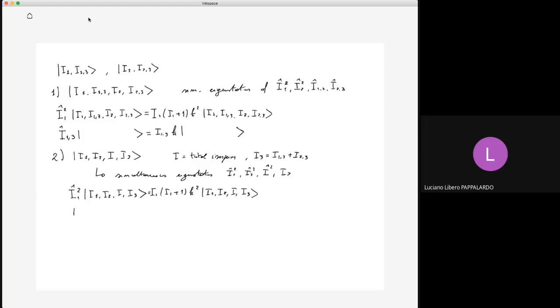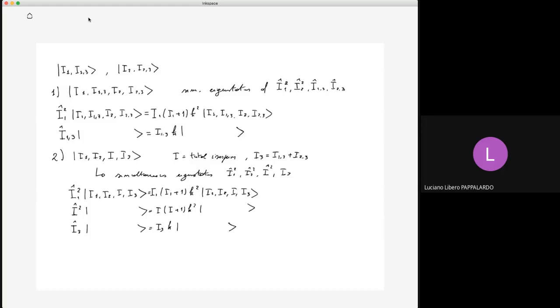Okay, let me just give you another example for the I squared. So the state is the same, so it is now I times I plus 1 h bar squared, and then the state is the same. Or just as a last example, the I3. So we have the same state, and then we have I3 h bar, and then we have the same state.